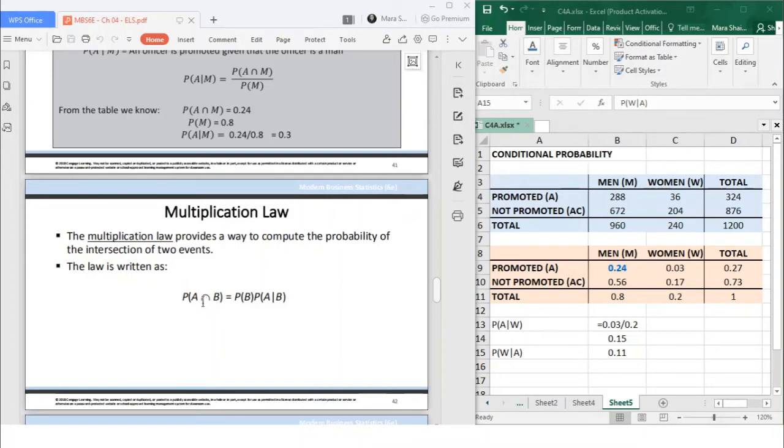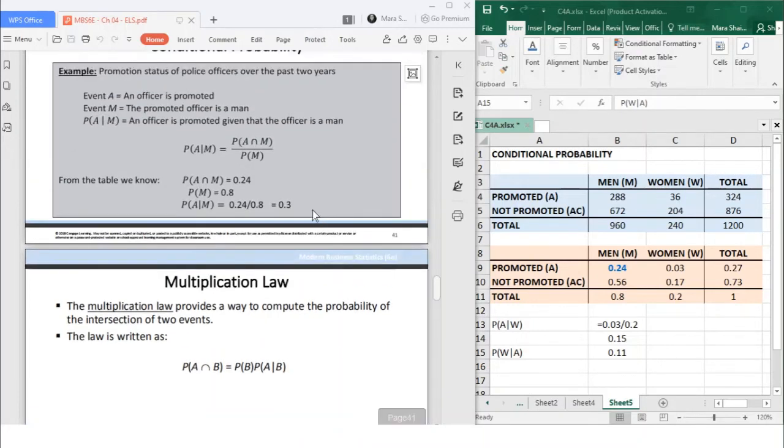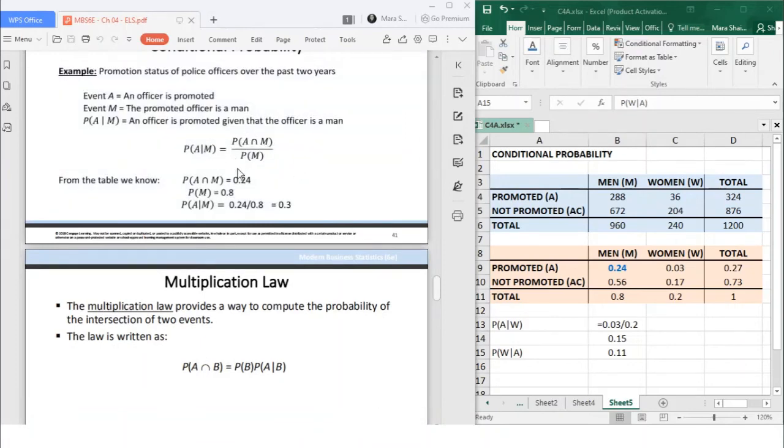Your intersection is equal to the probability of your given event multiplied by the conditional probability of A given B. This formula comes from the earlier one.